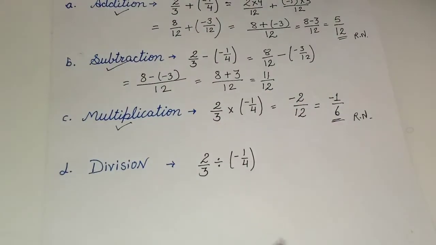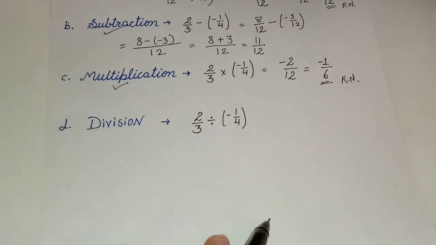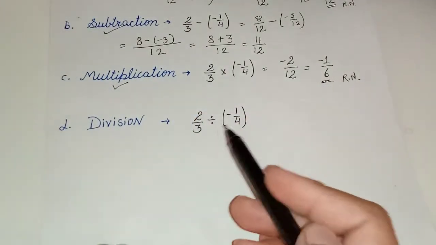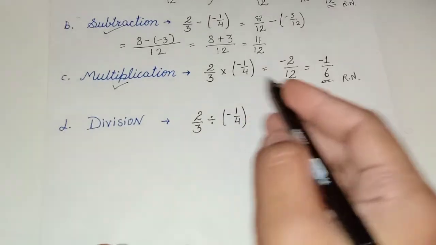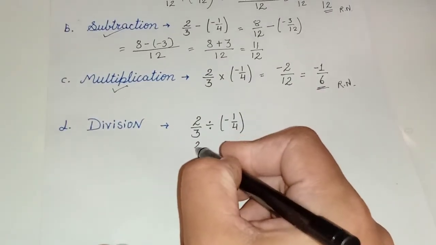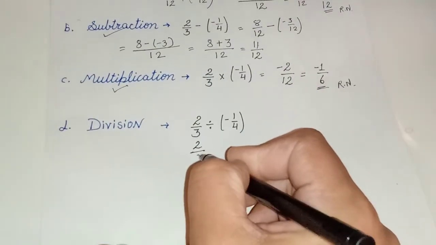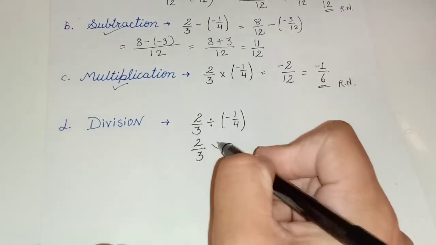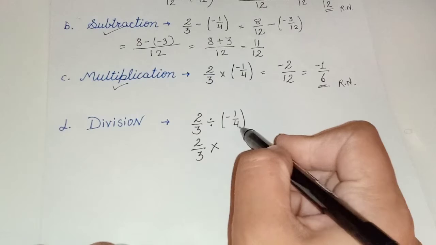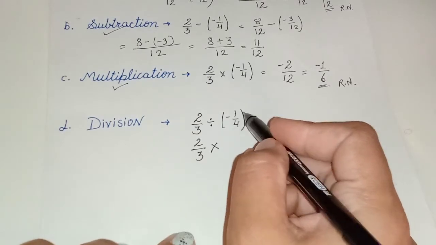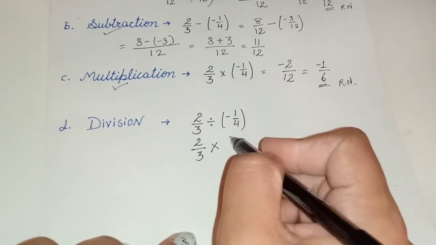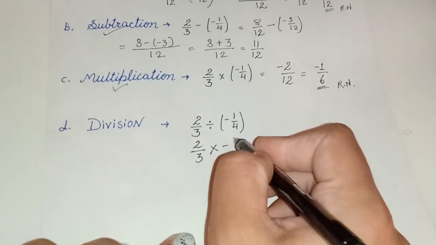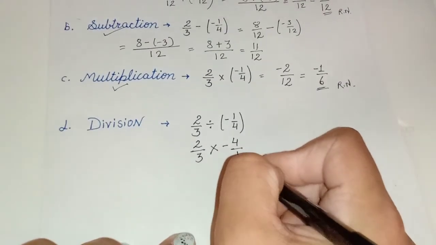Yes. Now let us see the division. The same rational numbers I have written, but with the sign of divide now. So how do we divide? The first number is written as it is, 2 by 3. Then divide turns to multiply, and then the second number's reciprocal. What will be the reciprocal of minus 1 upon 4? It will be minus 4 upon 1.